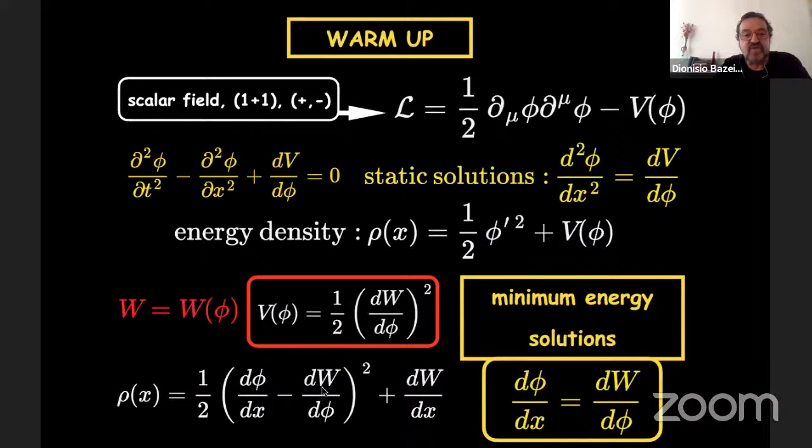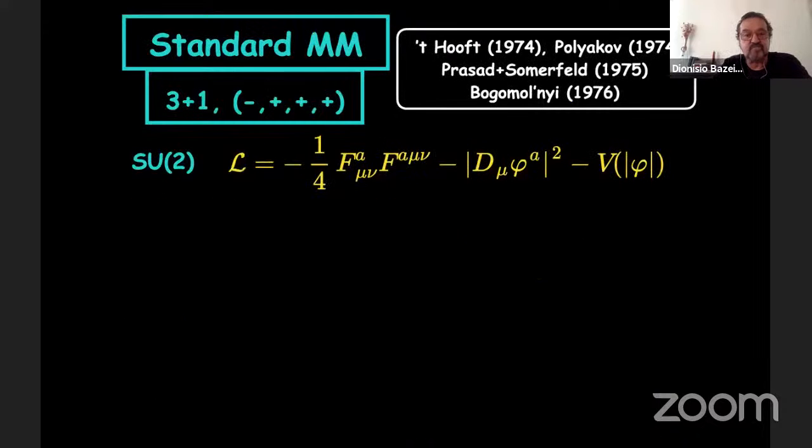And the crossed term here gives you W_phi d phi dx with the minus sign. So I put this here to keep the equality valid. So now I look for the energy density.